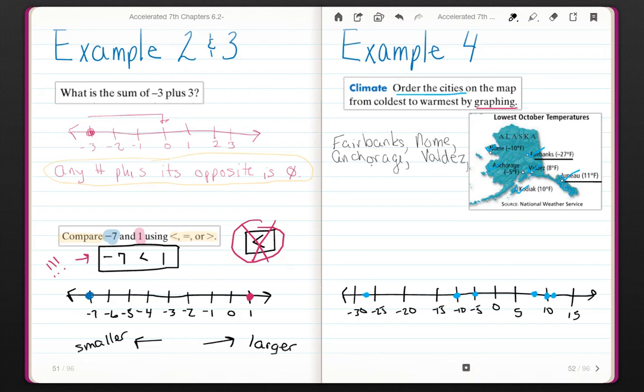And after that was 10 degrees, which was Kodiak. And finally, we had Juneau. I have a friend from Juneau. Okay, so this is actually your answer.